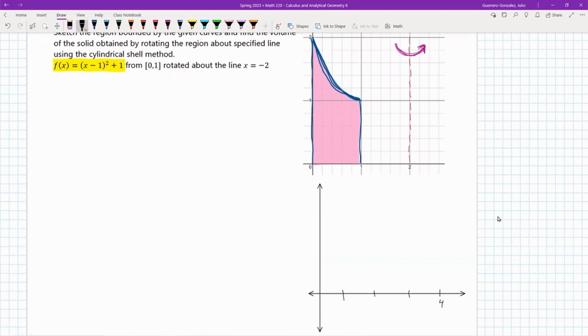So this is my 4, this is my 2. I think I need to make them a little better spaced apart. So 1, 2, 3, 4. Here's my 2, here's my 4. That red line is this right here.